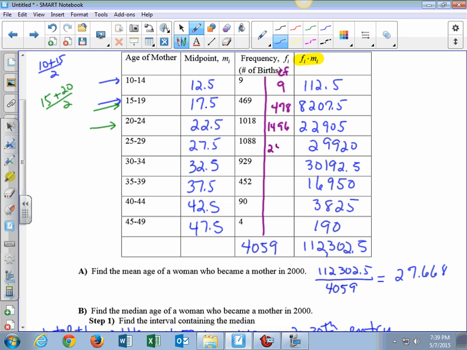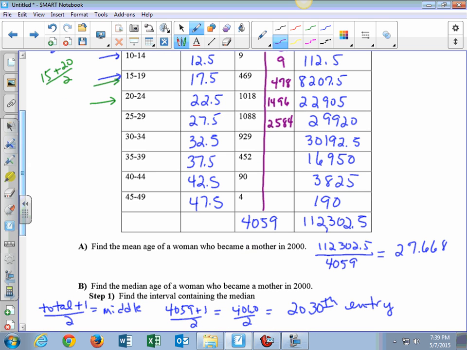And I get 2,584. Have I met or run into my 2030th term? And the answer is yes, because this term right here is larger than 2030. So I know it has to be in the interval from 25 to 29. Okay, so the median has to occur within that 25 to 29 range.